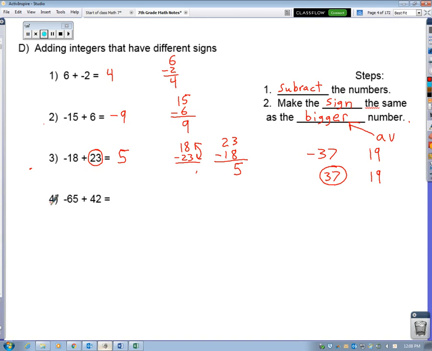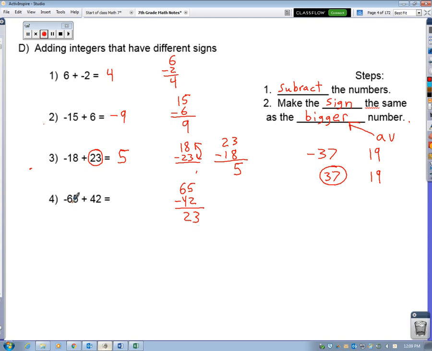Last one, problem number 4. They are different. We're going to have to subtract. It looks like we could just do 65 minus 42, so I'm going to do that over here. 65 minus 42. Subtract those. That's going to give us 23. Now let's do step number 2.